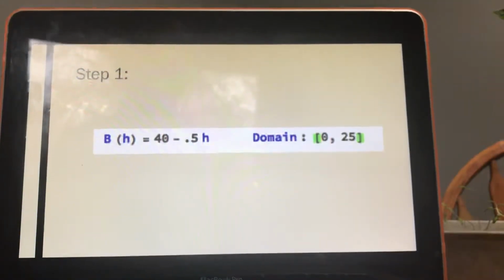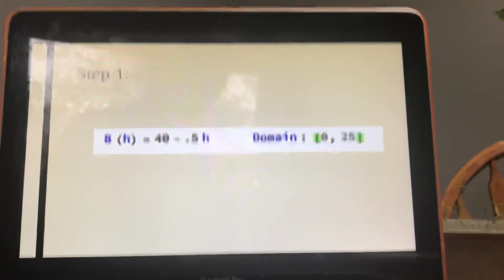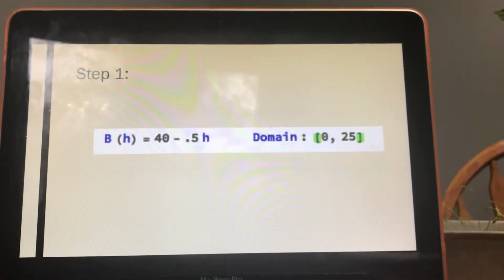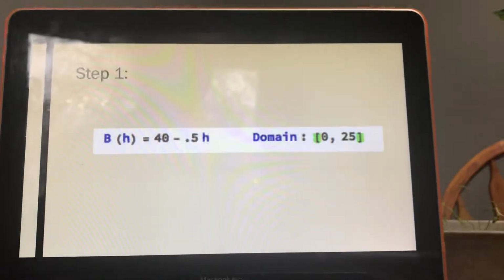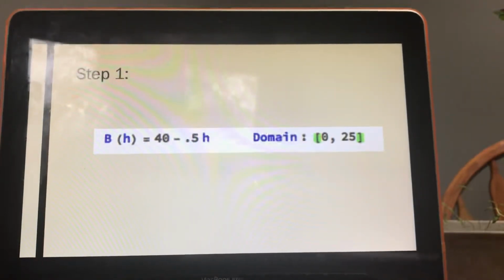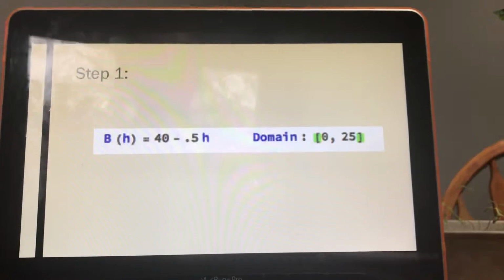So the first thing we're going to do is we're going to have our equation. B(h) equals the weight of the bucket. So the weight of the bucket at its height is the initial weight minus the rate of weight that is lost times the distance, which in this case is height.